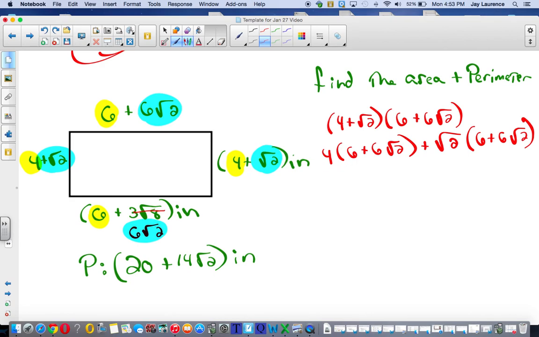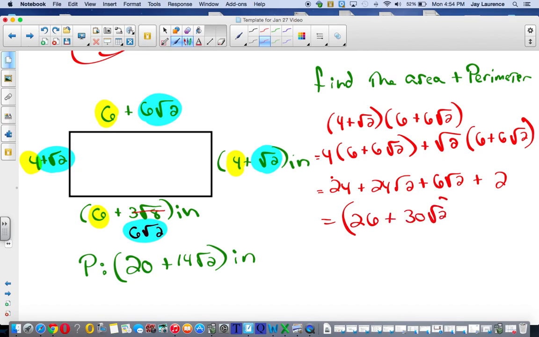So I'm going to get 24, I'm going to get a 24 rad 2, and then I'm going to get a 6 rad 2, and then I'm going to get a 2, rad 2 times rad 2. And so combining my like terms, I'm going to get a 26, and I'm going to get a 30 rad 2, and that's going to be inches squared.